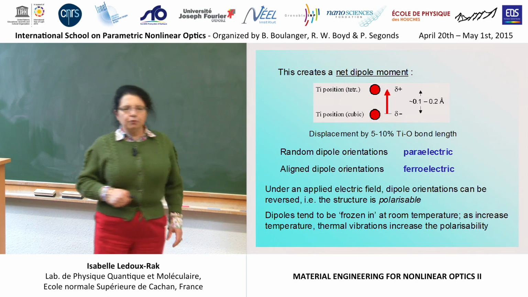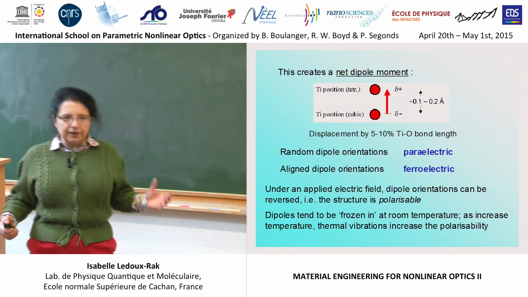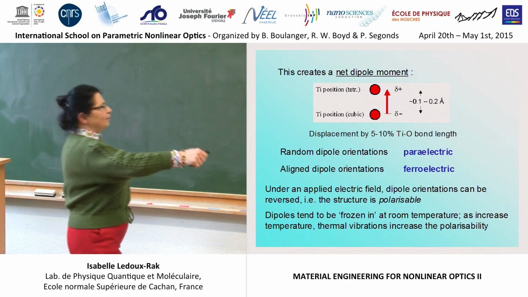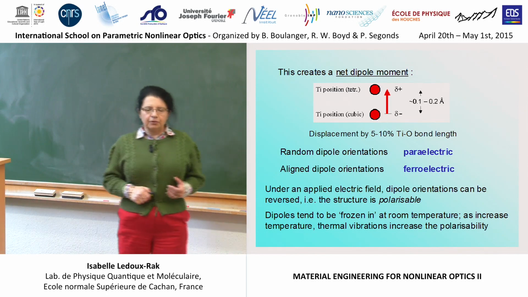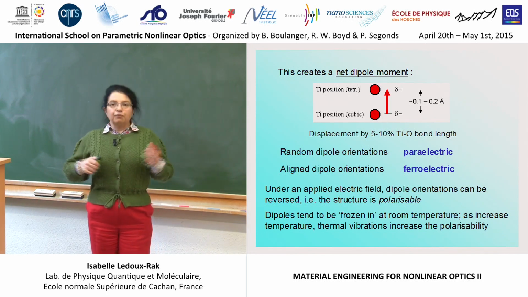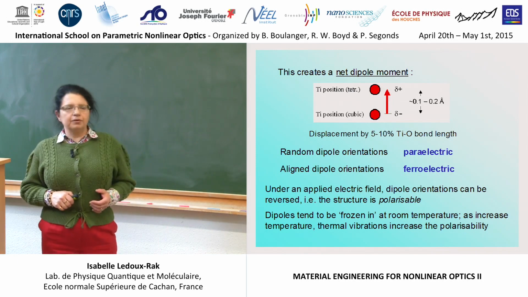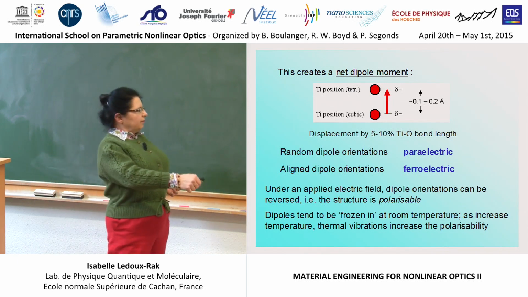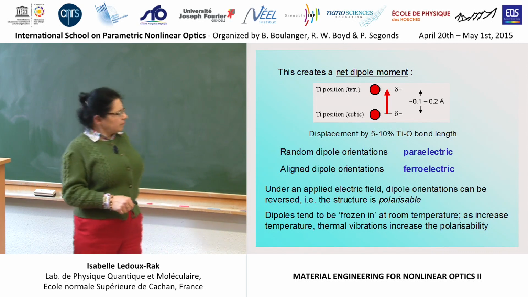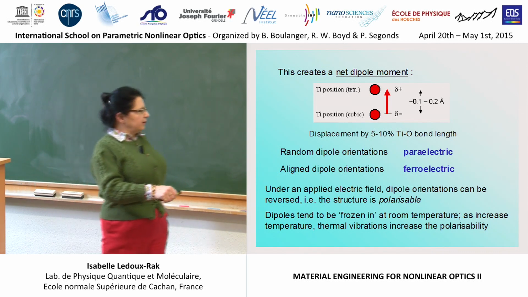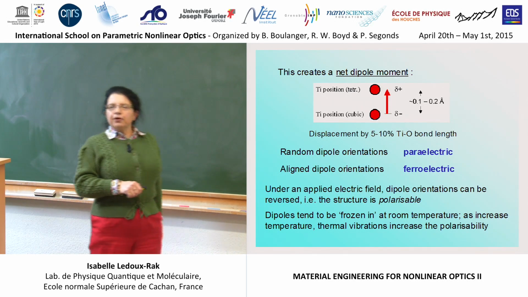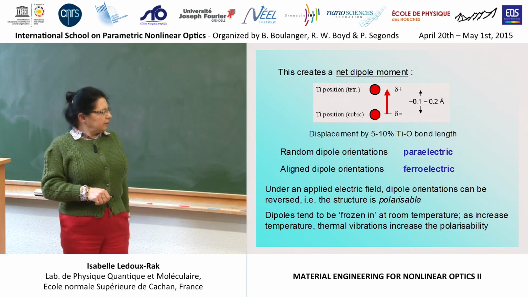In this case, the dipoles are not dipoles of molecules. They are neither dipoles of atomic units or atomic sets. It's a dipole of small domains, with a dimension of a few tens of micrometers, which tend to organize in a random manner. So it's necessary to apply an electric field in order to orient all domains in the parallel direction.